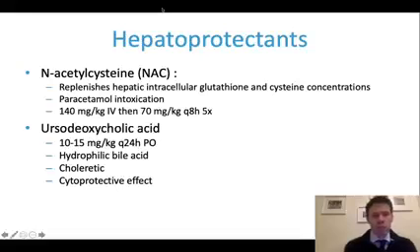And the final drug to mention, ursodeoxycholic acid, a very useful choleretic and a hydrophilic bile acid. So you're going to hopefully increase the proportion of hydrophilic and reduce the concentration of hydrophobic, which are more toxic bile acids, and it also potentially has a cytoprotective effect. So a really useful drug, and a drug that I would use quite commonly also in post-hepatic jaundice.